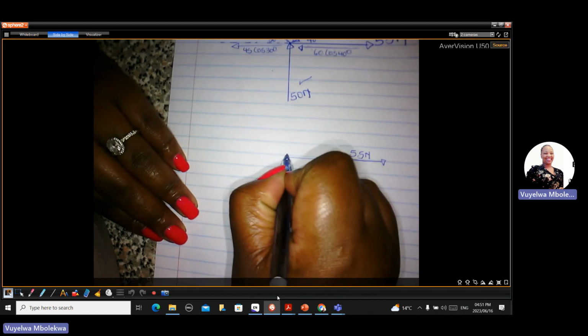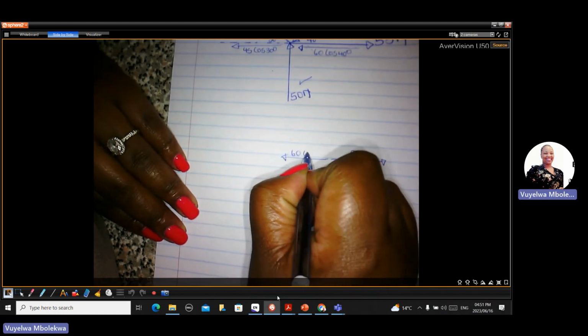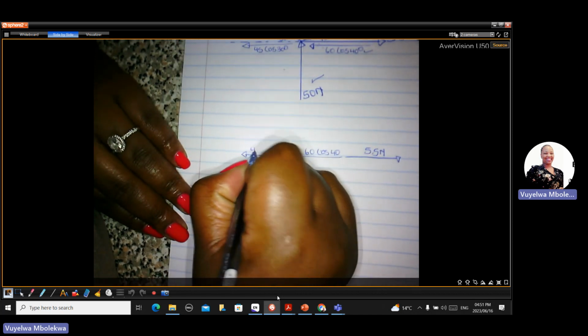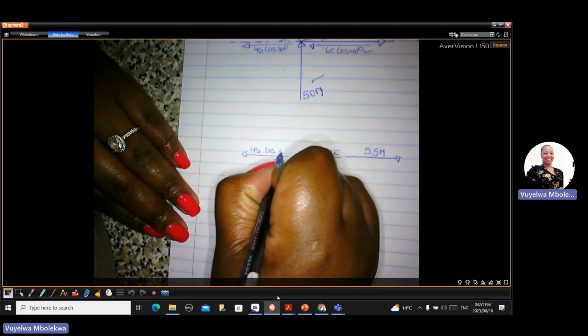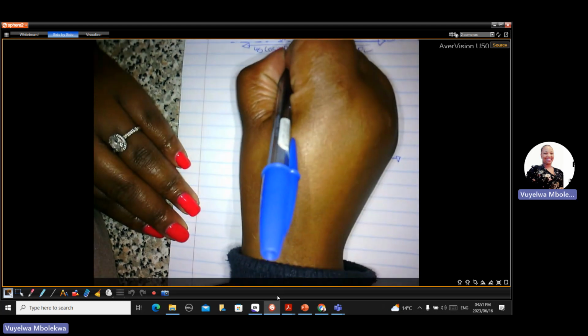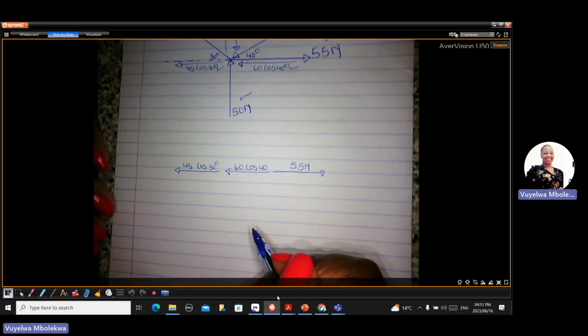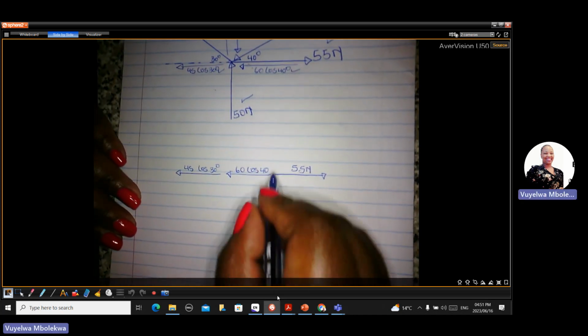And then I would have the 60 cos 40, which is this one. And then the 45 cos 30, which is this one. And then the 50 Newton force is facing up.